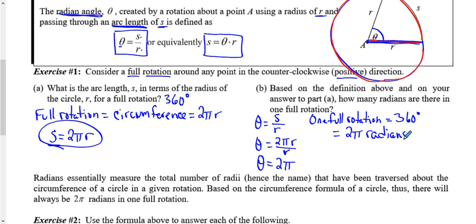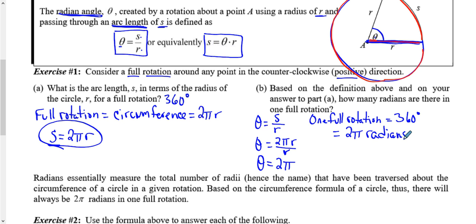So 360 degrees of an angle measure is equal to 2 pi in radian angle measures. So if we open that angle all the way around, it's measured in radians as 2 pi of them. Make sense? Because remember I told you how many radiuses fit on the circumference? 2 pi. So the angle would be 2 pi radians. Does that make a little bit of sense to you maybe?